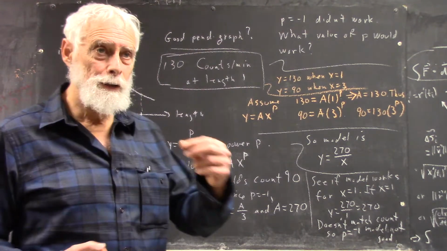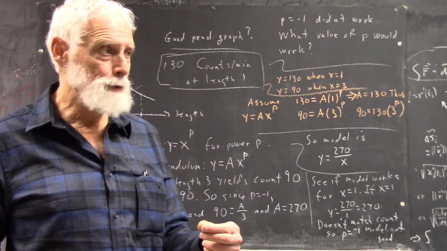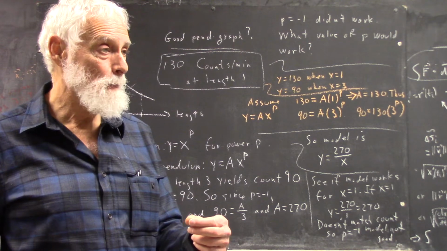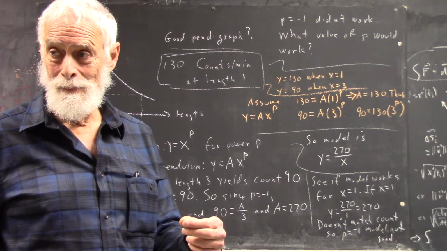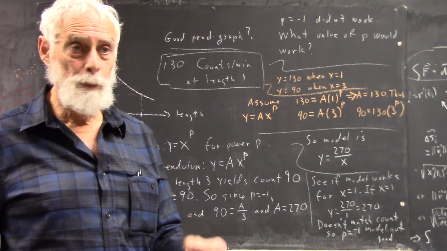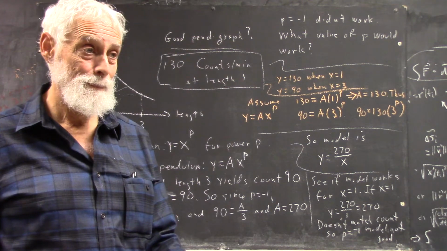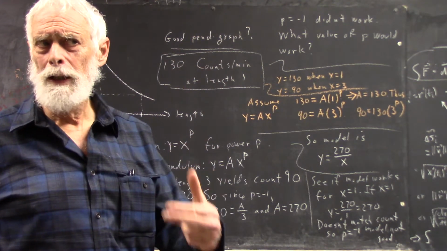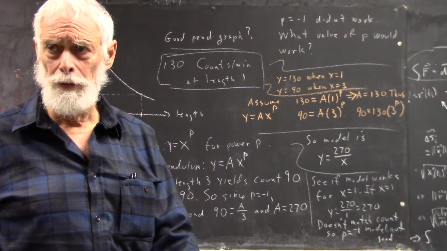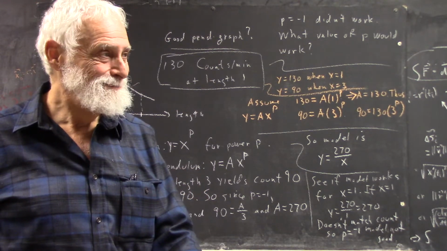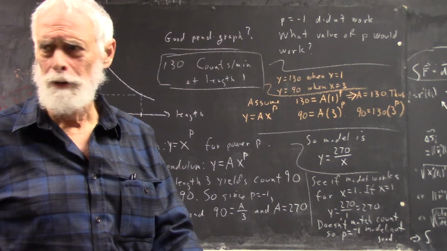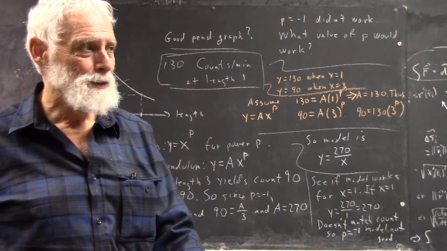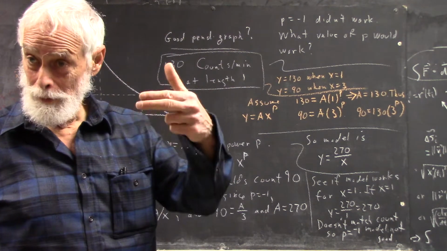Now, if -1 is bad and -2 is worse, what's that tell you about the power? What would happen if I went to -3? Well, you're not sure, but you would kind of expect if going from -1 to -2 made it worse, -3 would make it worser. So maybe your power ought to go up a little bit, right?